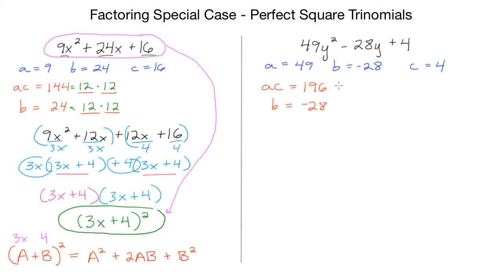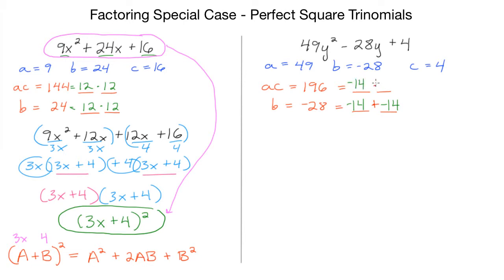I need two numbers that multiply to positive 196, but add to negative 28. If you play around with this for a while, you see that it's negative 14 and negative 14. So that's kind of that coincidental thing again, right?